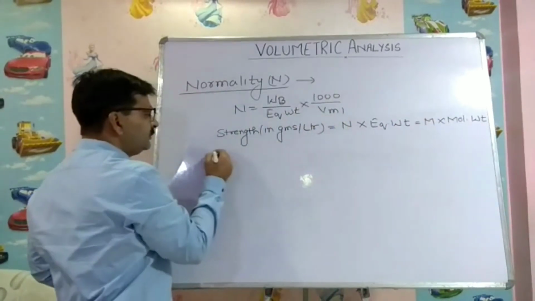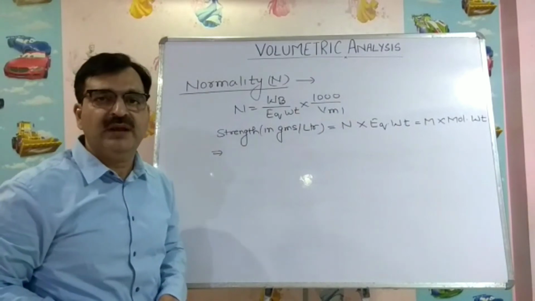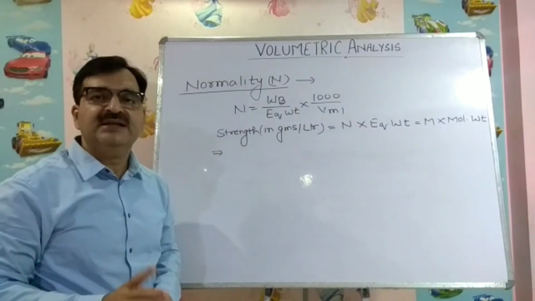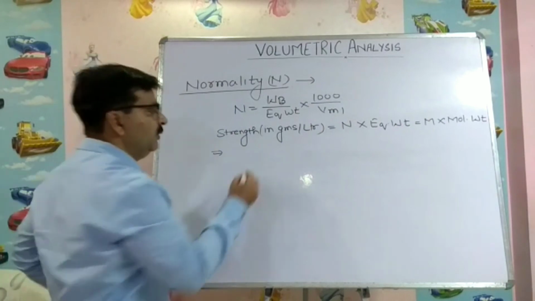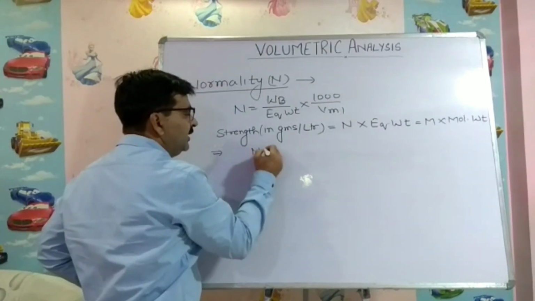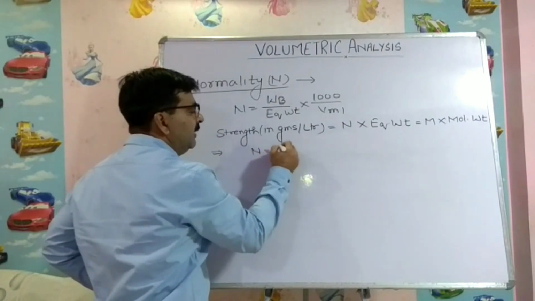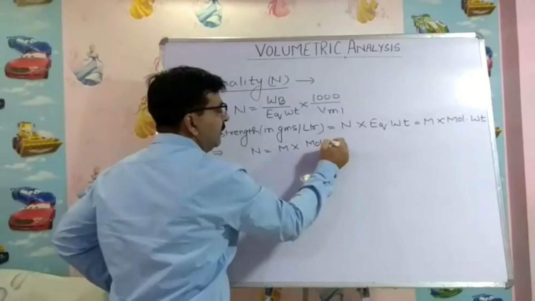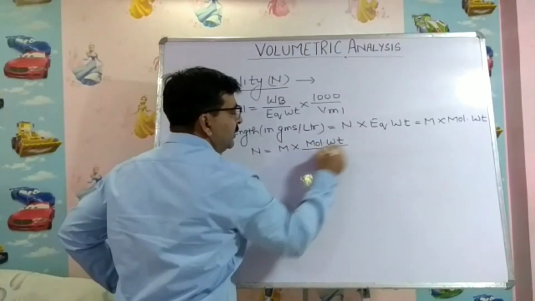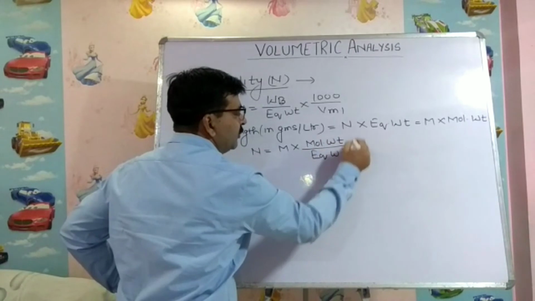Here we get a relation between normality and molarity. Normality is equal to molarity into molecular weight upon equivalent weight. So normality is equal to molarity into molecular weight of solute divided by equivalent weight of solute.